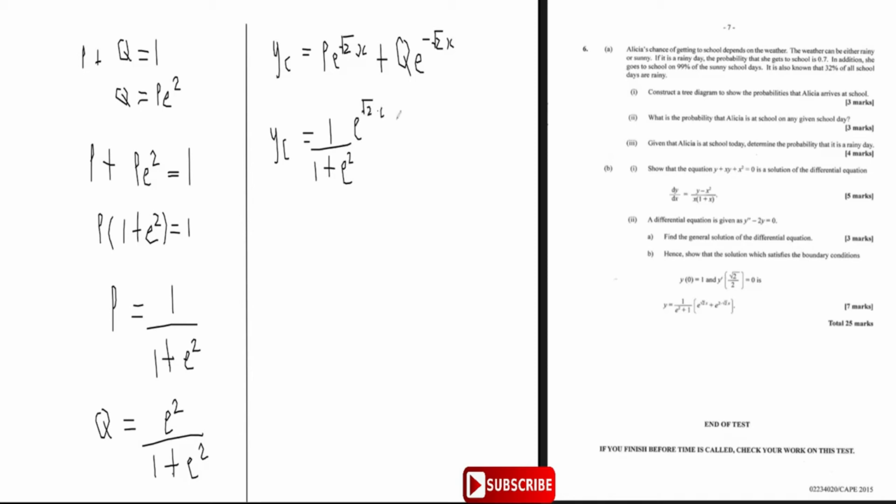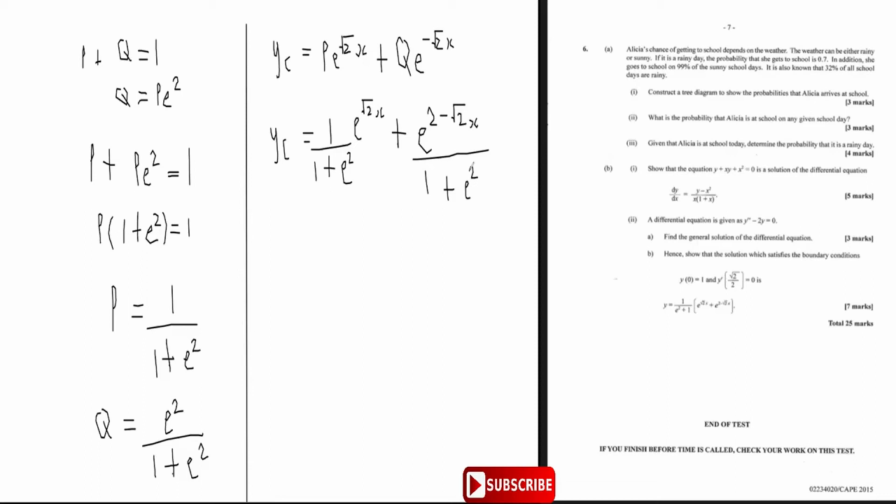And then plus Q. Remember, Q is E squared over 1 plus E squared, but when the bases are the same, you can add the powers. So you get E to the (2 minus root 2x) over 1 plus E squared. That is it.